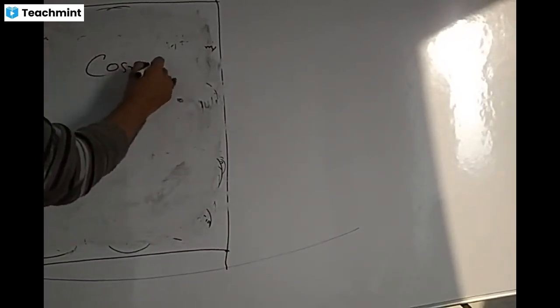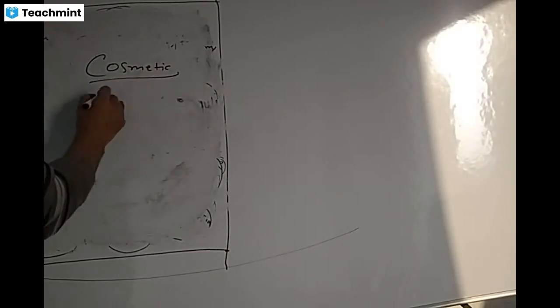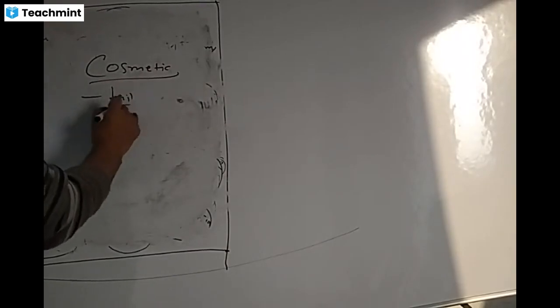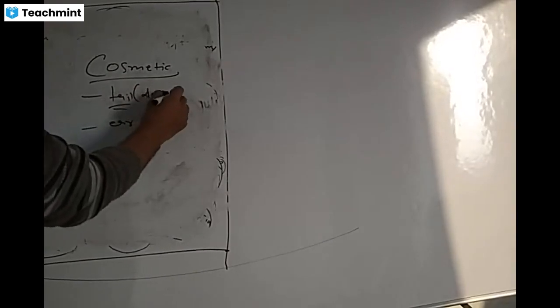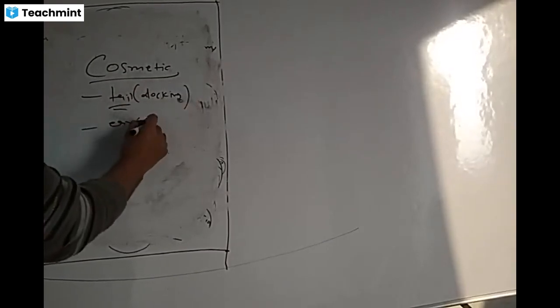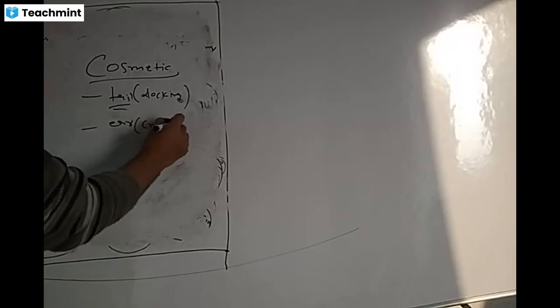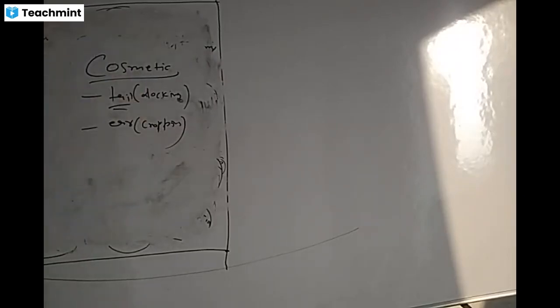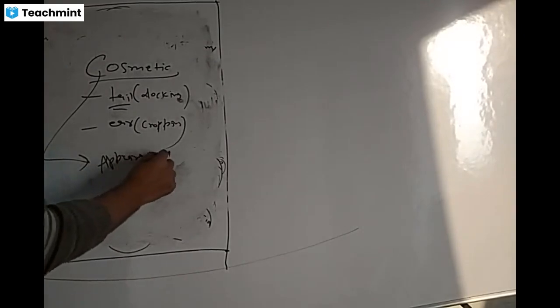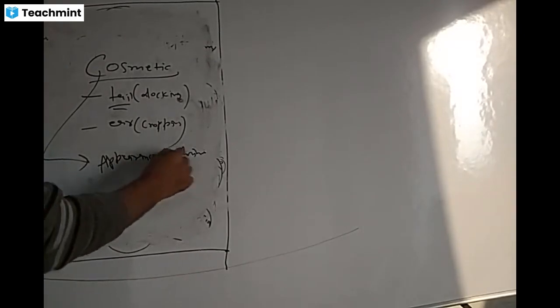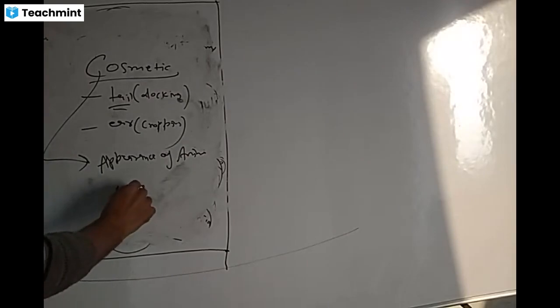Second is your cosmetic surgery. Tail and ear. For tail we use the term docking, and ear cropping. These are the cosmetic surgeries. They improve the appearance of the animal, means your animal becomes more beautiful.